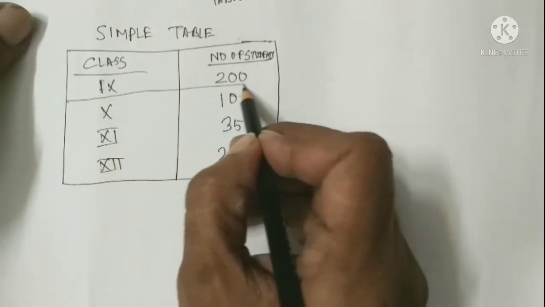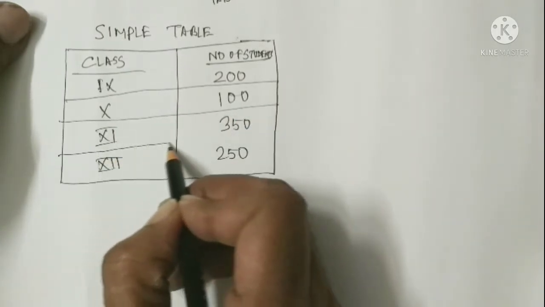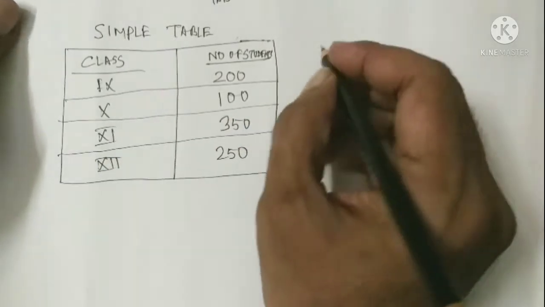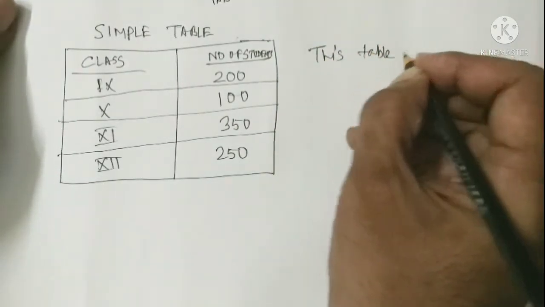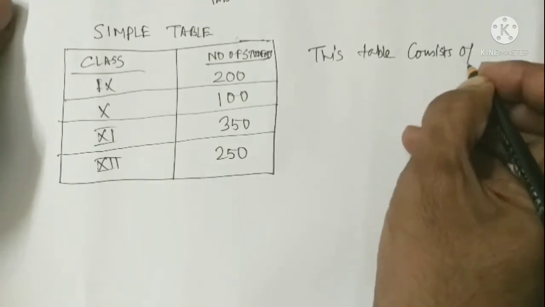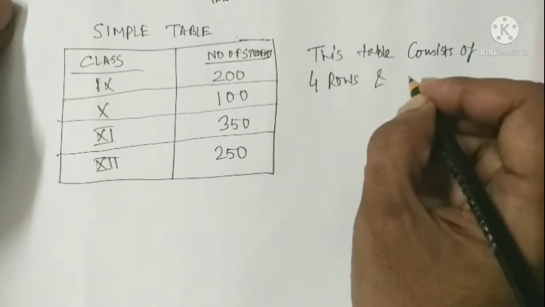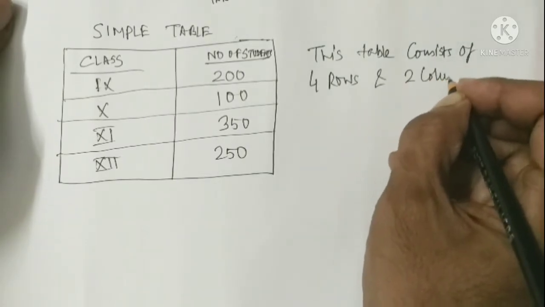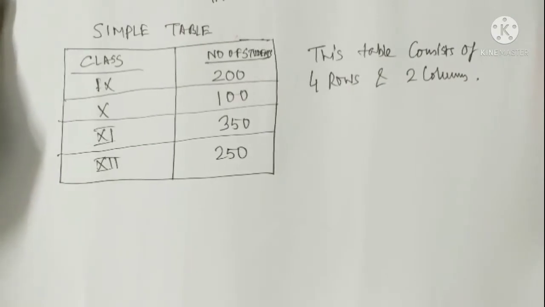This table consists of 4 rows and 2 columns, and this is called simple table because there is no complex variation of this table.